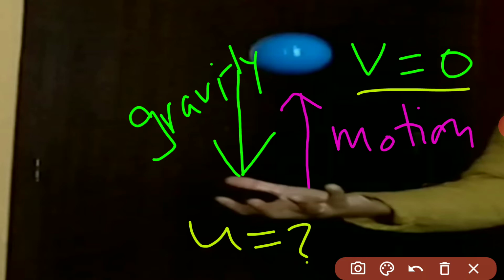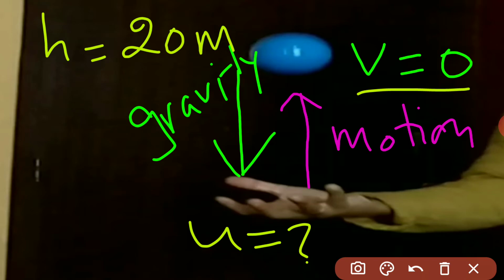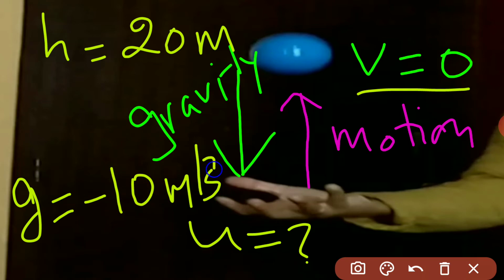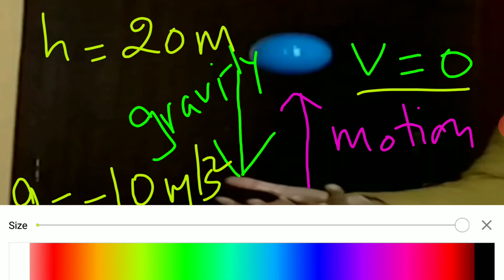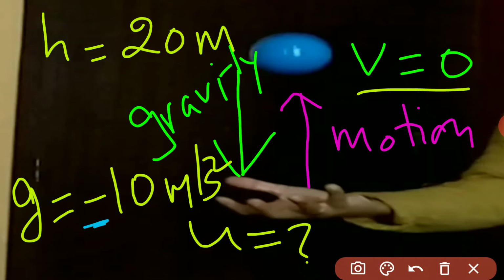The height given to us is 20 meter, whereas acceleration due to gravity should be minus 10 meter per second square. Now you can ask me why this minus sign comes here. This minus sign is for the upward motion. When the body is thrown up, gravity is acting downward. Therefore, there shall not be any acceleration, rather there will be retardation. I hope you understood this upward motion part.